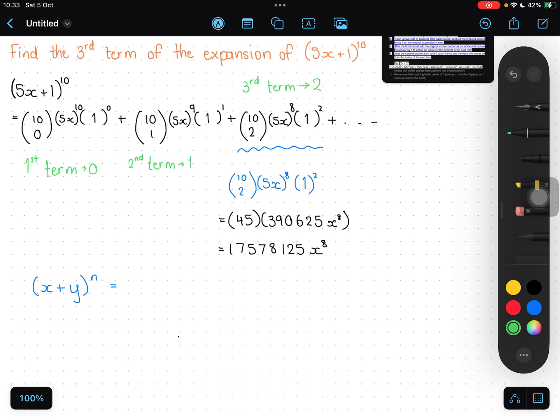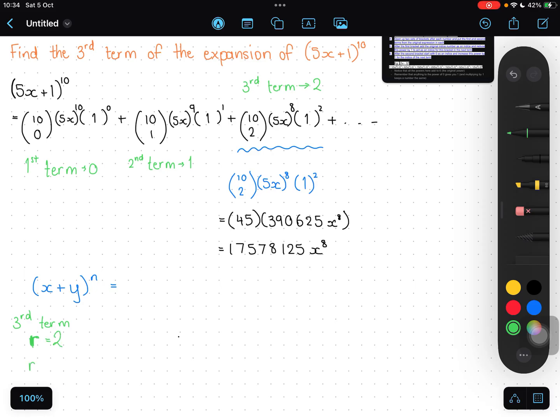So I'm going to use a value r for that number that comes up a lot. That number is 1 less than the term you're at. So when I have, let's say, my third term, r is going to be the number 2.